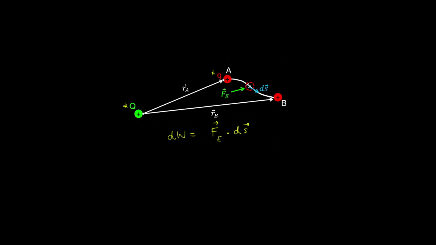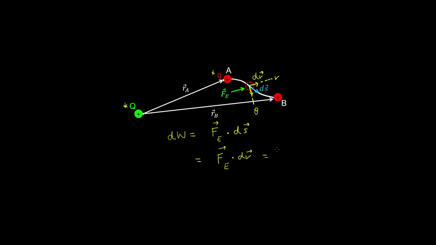And note that we can resolve this displacement vector into radial and theta coordinates. Okay, so we can use polar coordinates to represent the vector. And therefore, the work is simply equal to Fe dot dr, which is the component of ds in the radial direction.